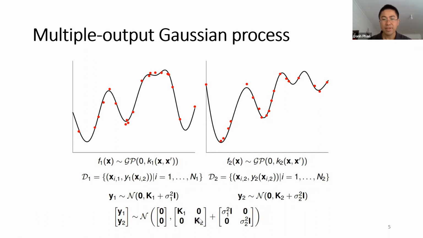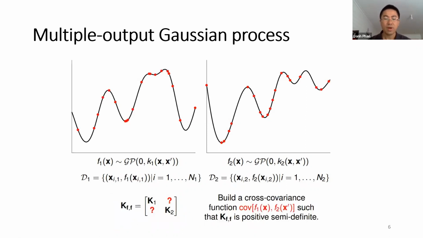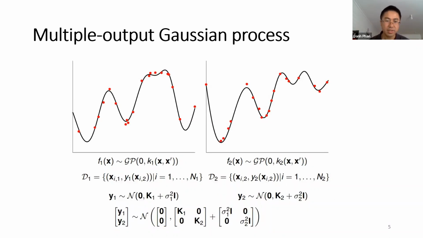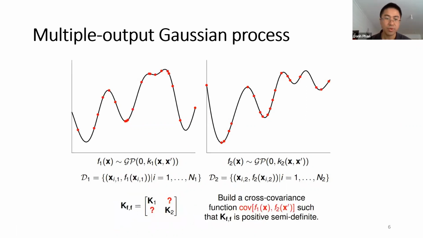But what if they are related together? What we want is to have some term in the 0 and 0 here, right? To model if they share some of the same uncertainty, and that is the aim of the models proposed in multi-output Gaussian process.